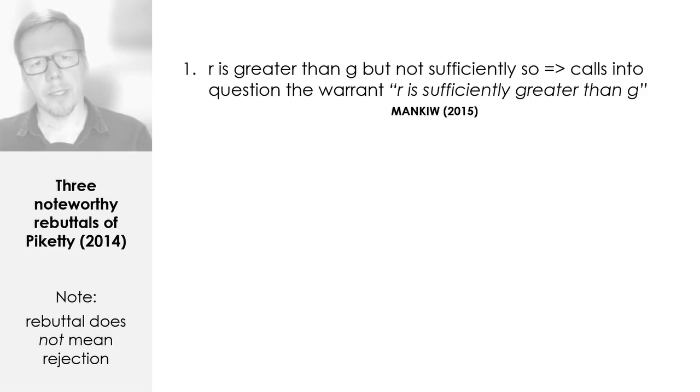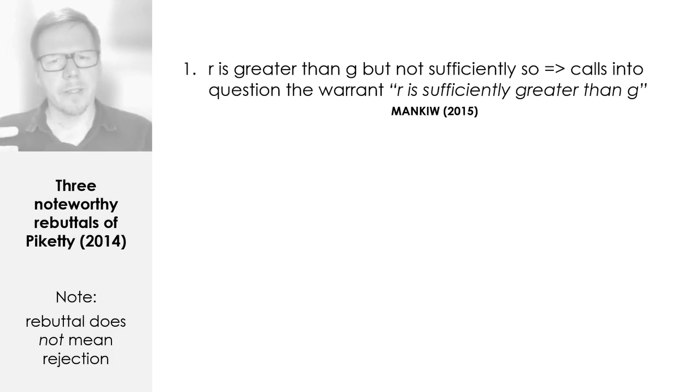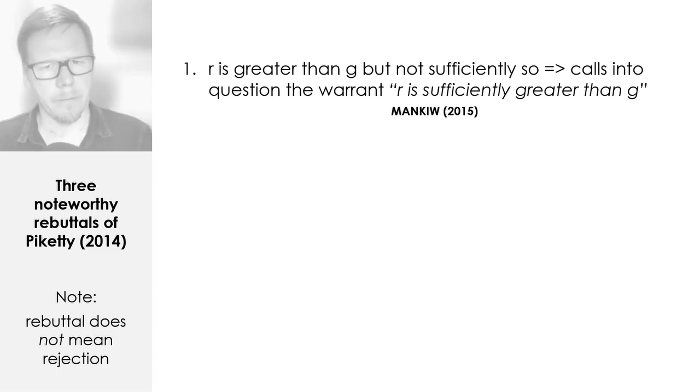Mankiw looked at the difference between R and G. He did not challenge that R exceeded G, but he called into question whether R exceeded G in a sufficient way. What does sufficient mean? That the gap between the two is sufficiently high to produce the kinds of adverse consequences that Piketty was concerned about.